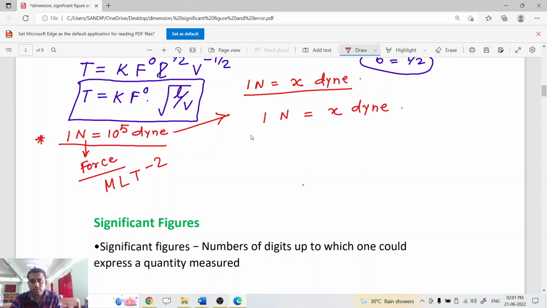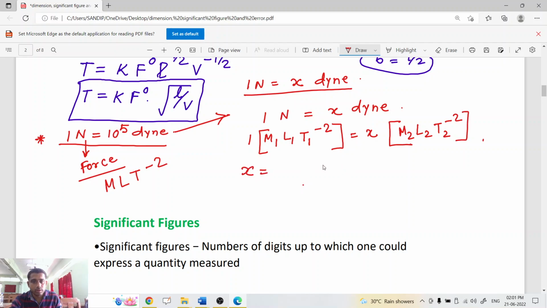Newton means dimensionally you just write down M1 L1 T1 to the power minus 2 is equal to x M2 L2 T2 to the power minus 2, and here you just find out x is equal to, you can take M1 divided by M2, L1 divided by L2, into T1 divided by T2 to the power minus 2.